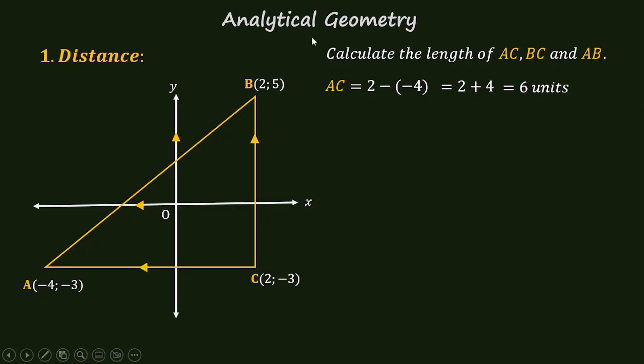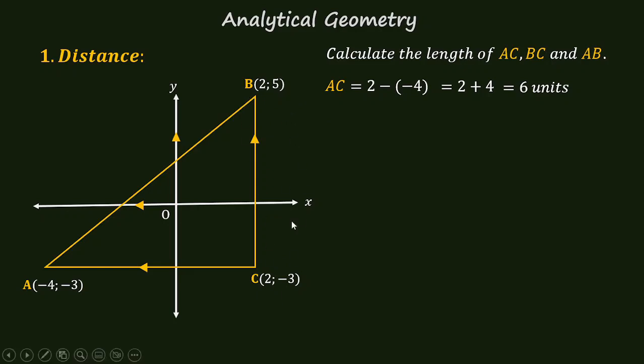In the same manner, to find the length of BC, which is parallel to the y-axis, we are going to focus on the values of y, simply because the value of x doesn't change. We have 2 at B, and then we have 2 at C. 2 minus 2 will be 0, and 0 will not contribute to the length of BC.